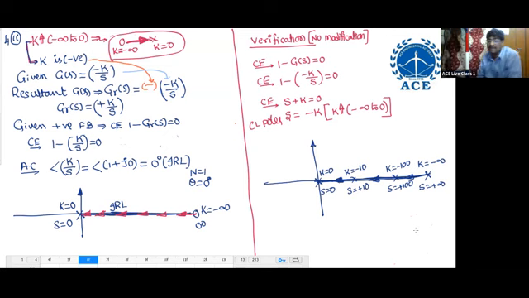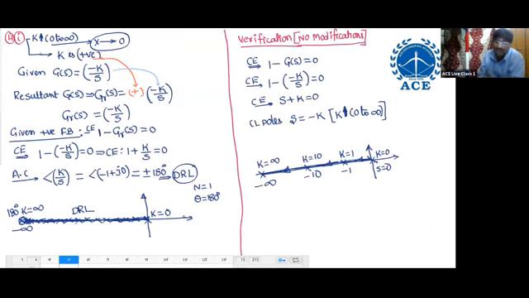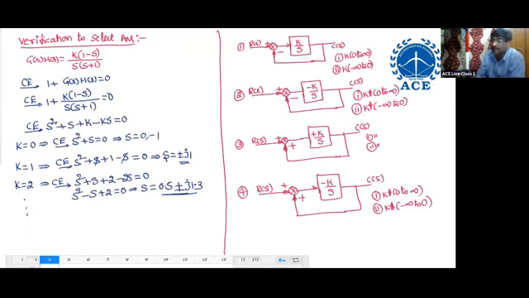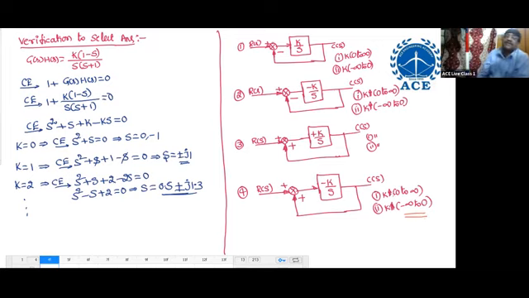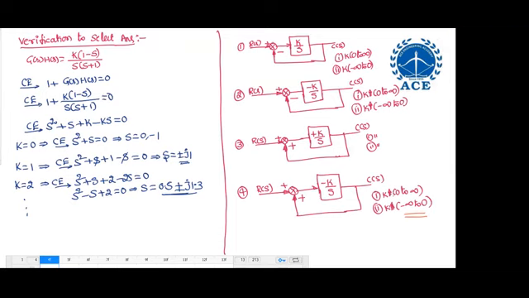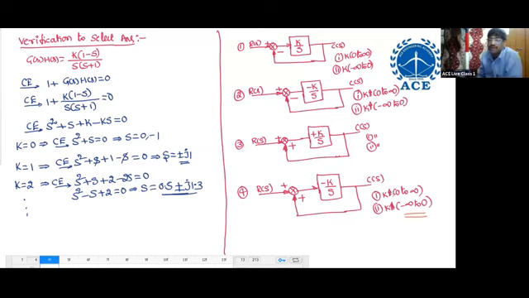You read the question here. If it is given in the question, you have to consider the K given. Next, second case, minus infinity. If they don't give it, you always take 0 to infinity only. If it is minus infinity to 0, the K value is negative.